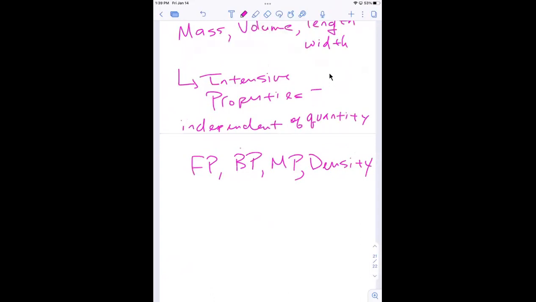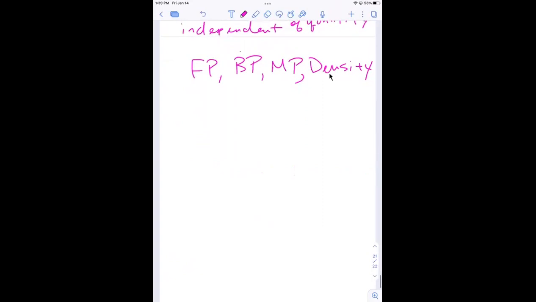And if you take the ratio, this is another pretty cool feature about these extensive and intensive properties. If you take the ratio of two extensive properties, they give you an intensive property. I'll give you an example.